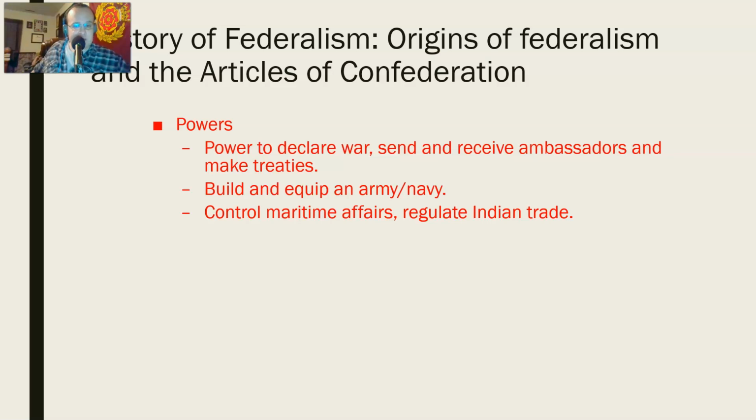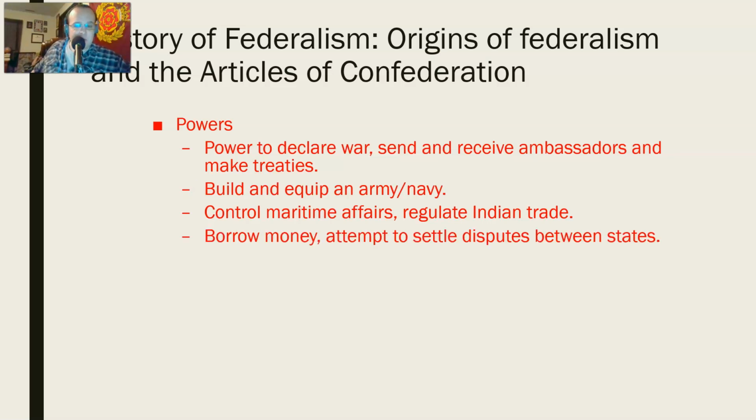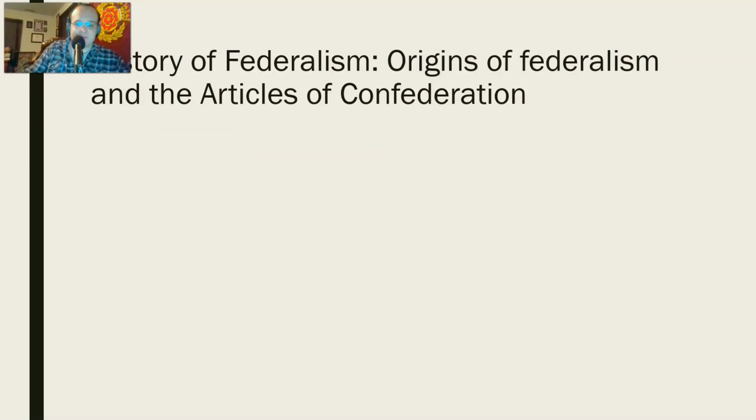They regulated trade with the Indians. They borrowed money. This stuff should be very familiar sounding to you, but these are some of the things that could be done by the federal government under the Articles of Confederation. So I'll give you 2 seconds to look at that. All right, and we're moving on.